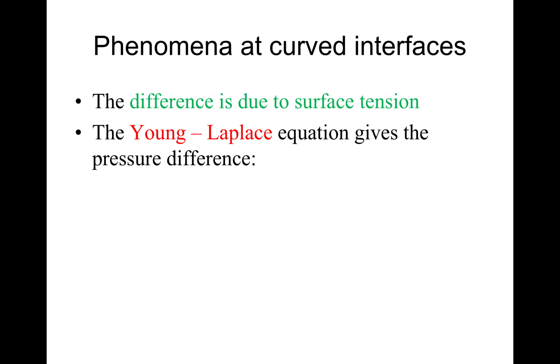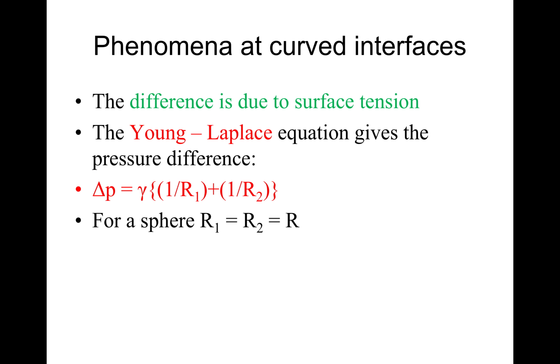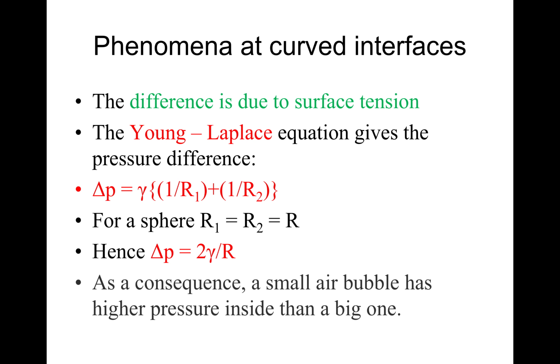The Young-Laplace equation gives the pressure difference: delta P is equal to gamma times (1 over R1 plus 1 over R2). For a sphere, R1 is equal to R2 is equal to R, so the Laplace equation becomes delta P is equal to 2 gamma over R. As a consequence, a small air bubble has higher pressure inside than a big one.